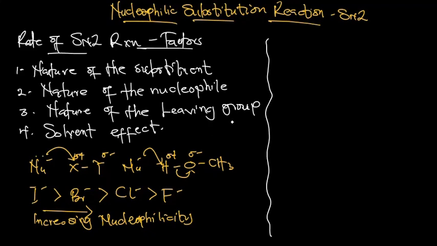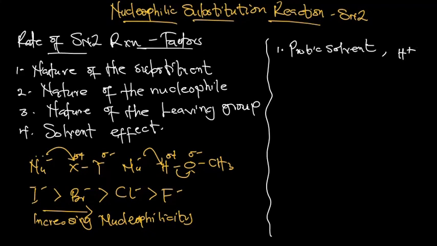Now the solvent effect. For the solvent effect, if you have the nucleophile, there is a correlation with their basicity. That means that it can actually break down in some kind of solvent. For example, if you have a protic solvent, that means that we have protons available, like H plus.